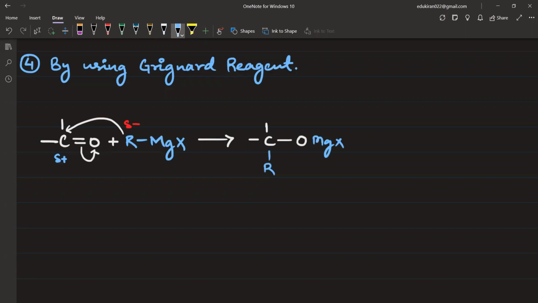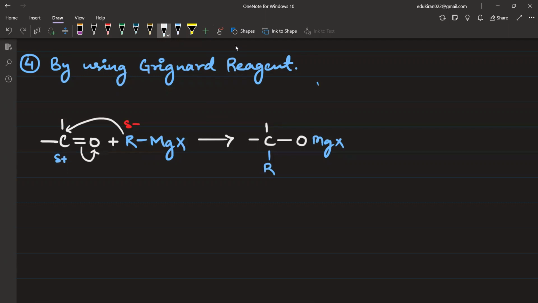Yes or no, please tell. So what is the reagent here? The reagent is RMgX, the Grignard reagent. These are the substrate, and the Grignard reagent is the reagent here. So we have R, which is attacking the carbon atom. Now let us see what is happening next.